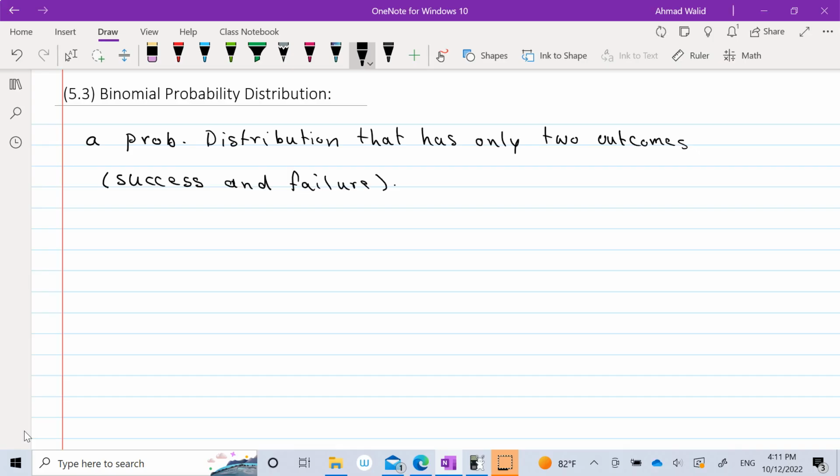For example, when you are flipping a coin, it has two sides, correct? Heads or tail.